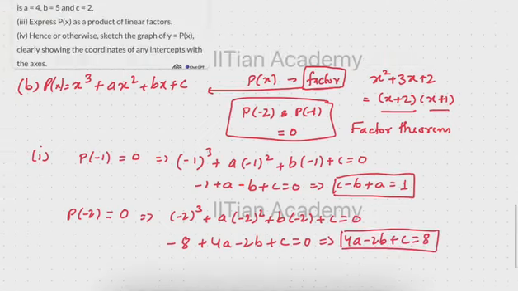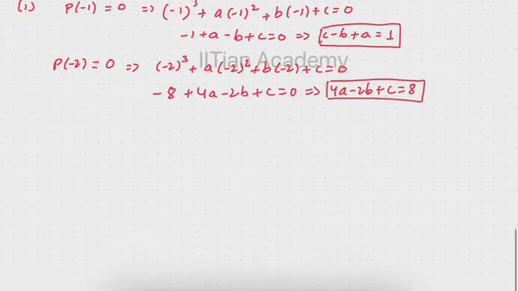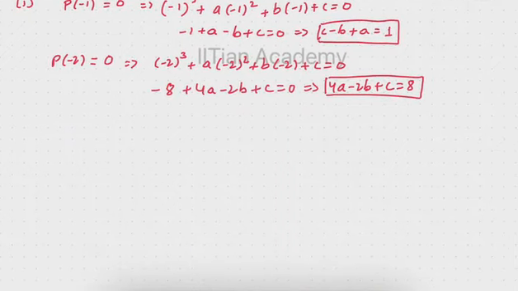So we have two equations, and how do we proceed? We have to identify the expression of b in terms of a. In both of these equations there is a common term, which is c. If we are able to remove c using both equations, we will be able to identify a relationship between a and b.